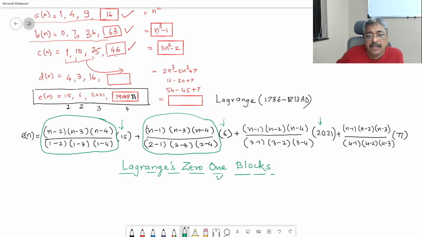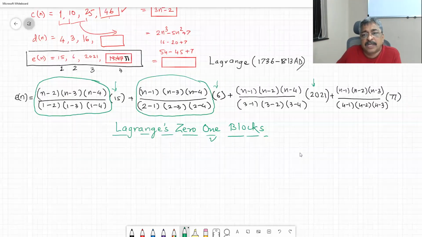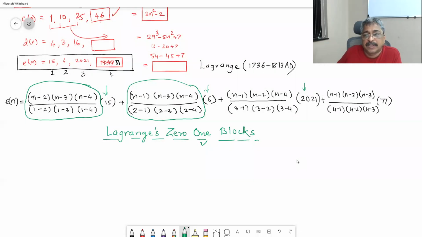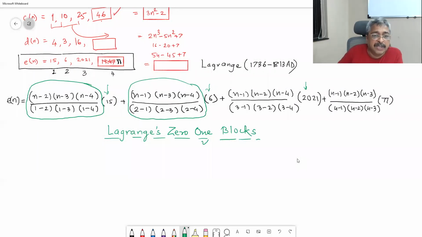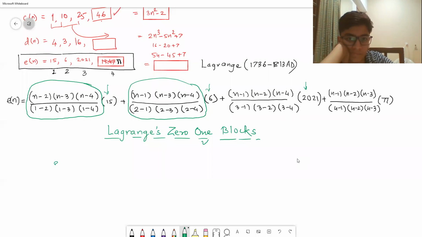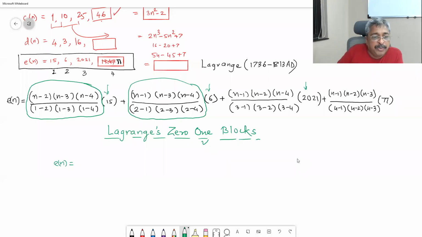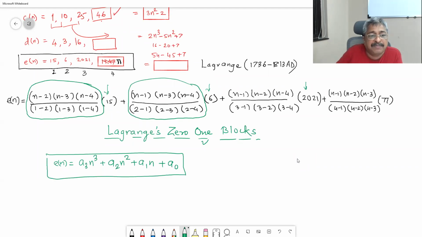But the fun part of it is one part of the story. What is the real application of this? As I said, this En is going to be A3 n raised to 3 plus A2 n raised to 2 plus A1 n plus A0. It is going to be an algebraic expression after simplification.